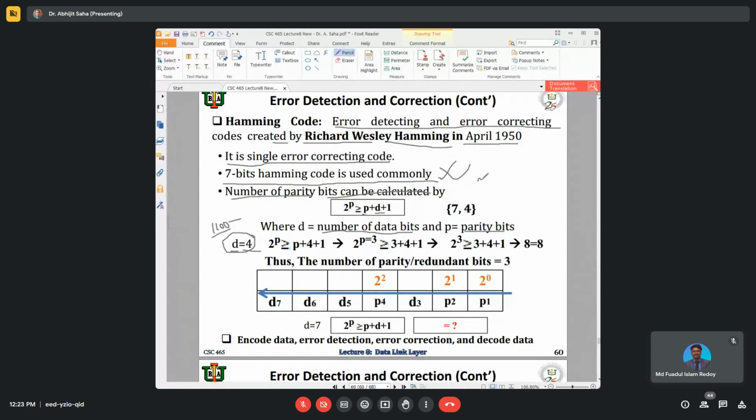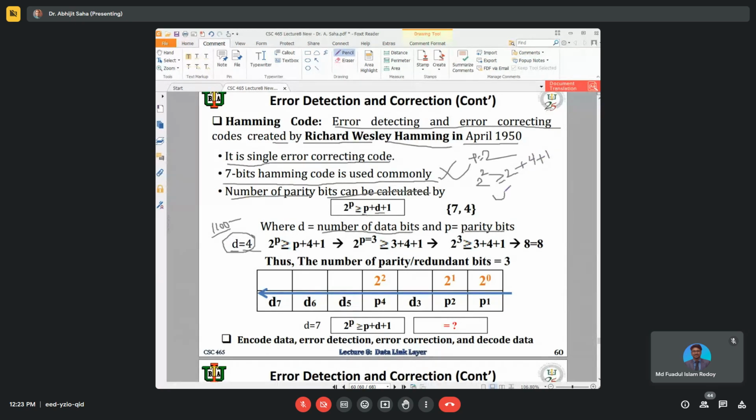If I'm taking 2 to the power p, with p equals 2, and d is my data bits, that is 4, plus 1.